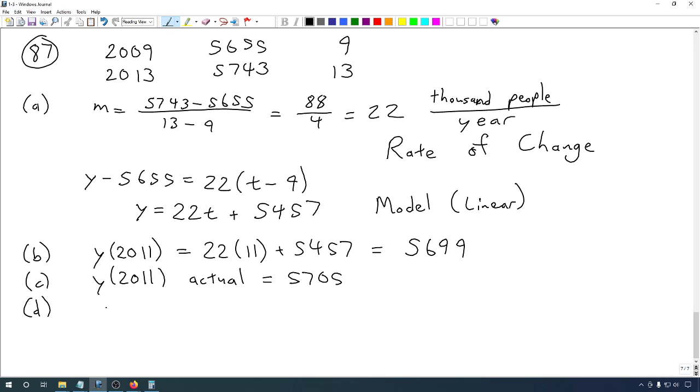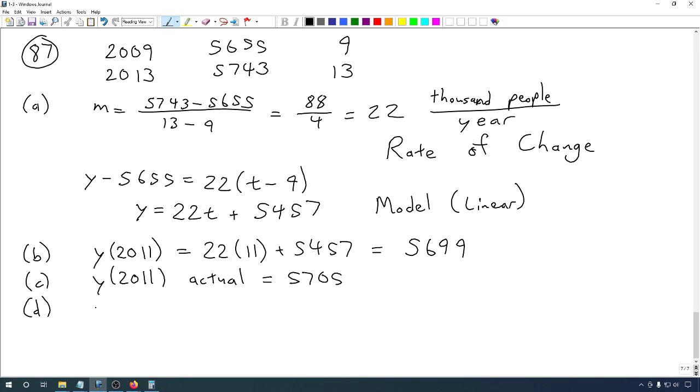In part D, they're asking, do you think your model could be used to predict the population in 2018? Well, keep in mind this book was published in 2017, so they didn't actually know what the population was going to be. But since we're in the future compared to this book, we can actually look that up.